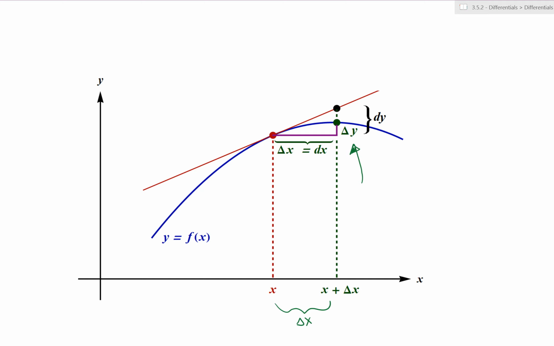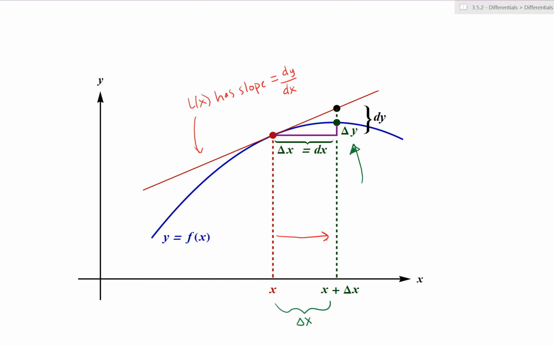Now remember, the slope of this tangent line is dy dx, right? So this line, L of x, has slope equal to dy dx, meaning if I move left or right in the x direction, then correspondingly I'm going to move up or down by some dy amount, right? So if I move from x to x plus delta x, then the change in that x direction, both on the function and on the tangent line, is the same. We have moved some units in this picture to the right, both delta x or dx.